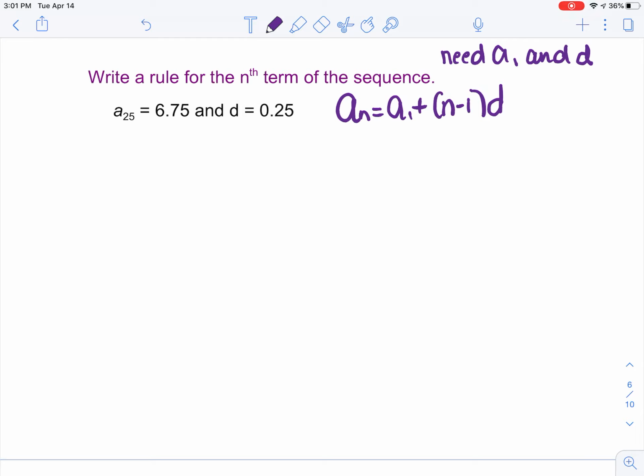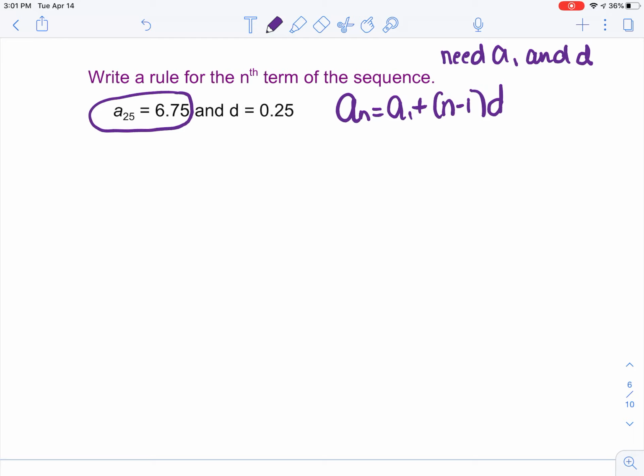Well, I have the d value, but I do not have the A sub 1. So we're going to use this right here to find my A sub 1.